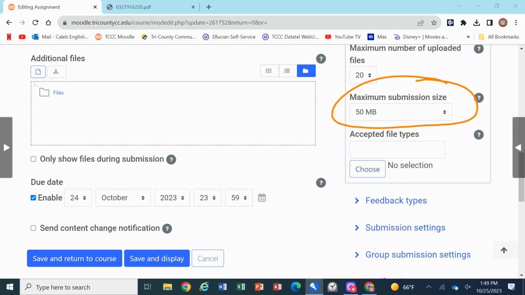One, if you've just got one picture and it won't attach, probably too big. Or maybe it's in the wrong kind of file type. I don't have any limits on file types in here, so that shouldn't be doing it either. And it's not because you're uploading too many files, because I've got it set to 20. All right? If it's not attaching, you've exceeded the size.